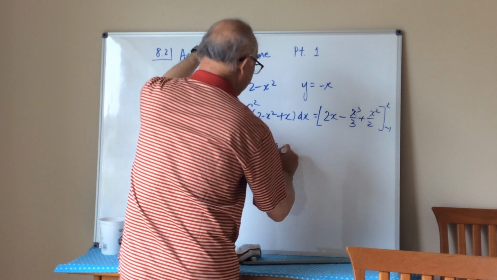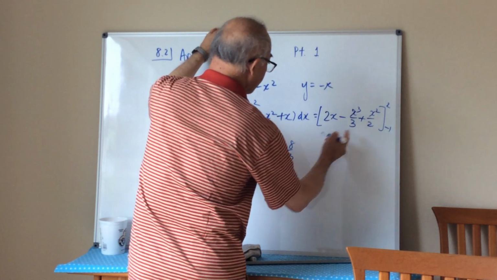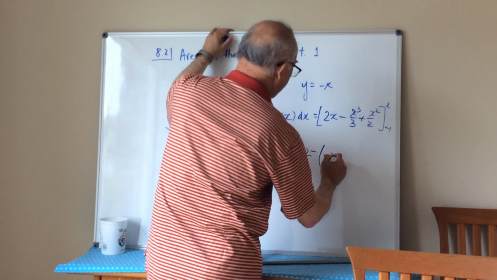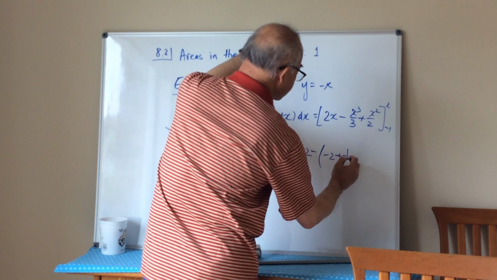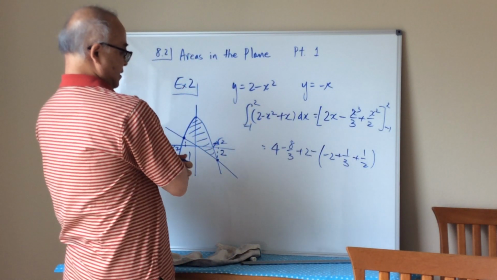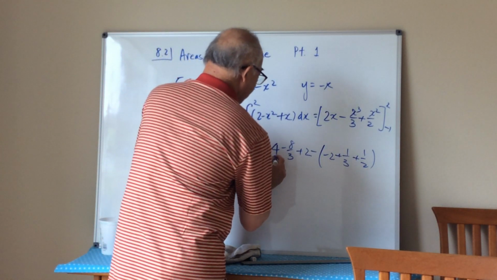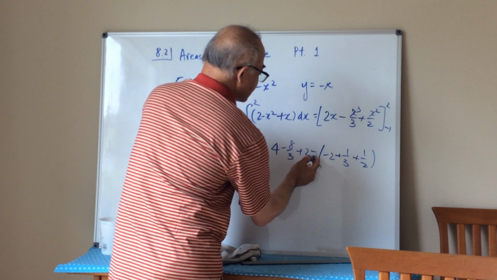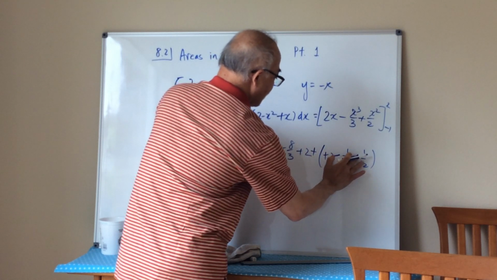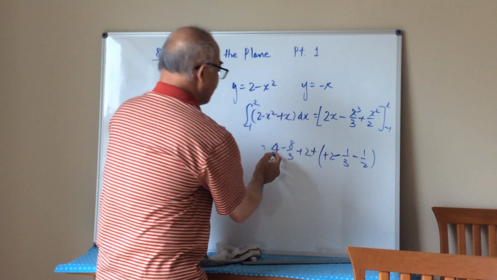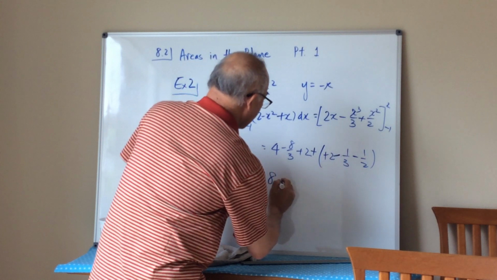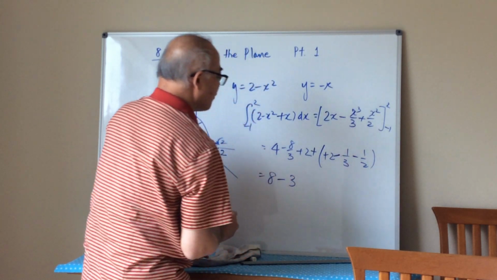Putting 2 in, I get 4 minus 8 over 3 plus 2, minus, putting negative 1 in, negative 2 plus 1/3 plus 1/2. So 4 plus 2 is 6, and the minus negatives give 4 plus 2 is 6 again, so 8 in total. Then I have negative 9 over 3, which is negative 3.